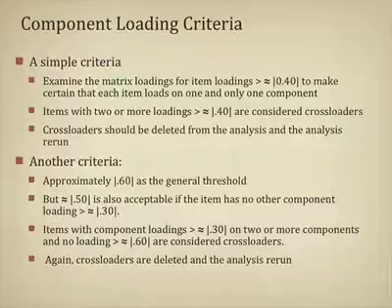So that's one criteria. Another criteria that you see is approximately 0.6 as a general threshold. But if it loads approximately 0.5, if it's not loaded very strongly on any other variable, and by very strongly, something less than about 0.3. And items with component loading greater than 0.3 on 2 or more components and no loadings greater than 0.6 should be considered cross-loaders.